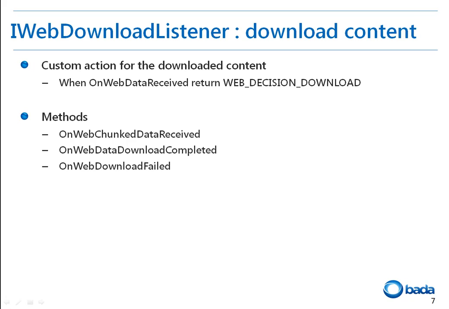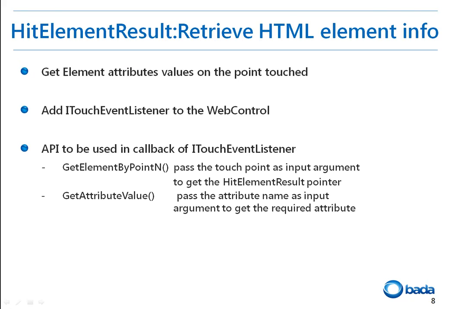Then the data is routed to OnWebChunkedDataReceived of the IWebDownloadListener. OnWebChunkedDataReceived reports when the HTTP protocol receives the next chunked data. OnWebDataDownloadCompleted reports when the content download is completed. If any error occurs while downloading content, it will be notified by OnWebDownloadFailed.